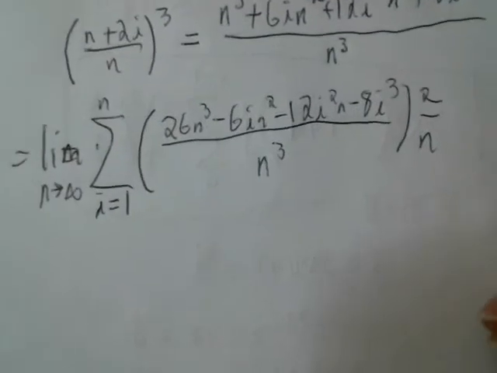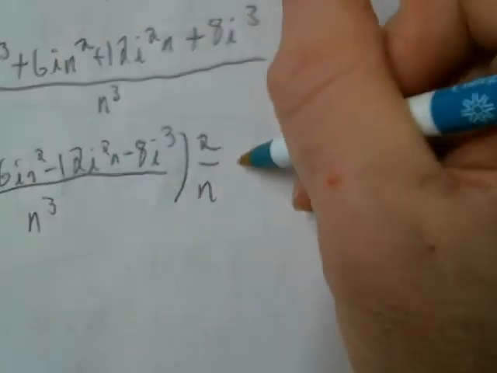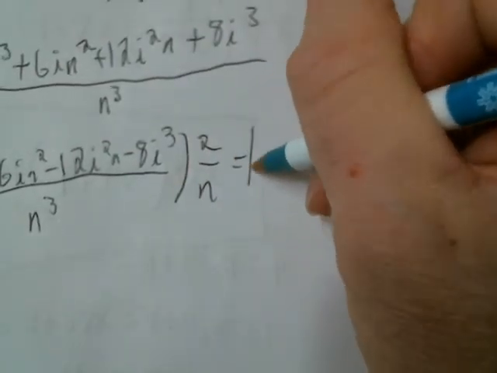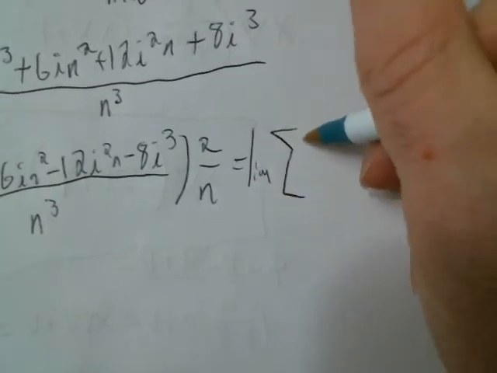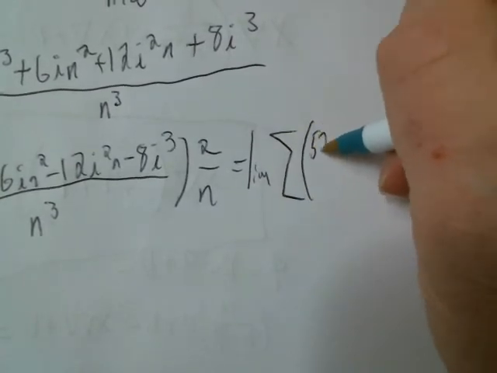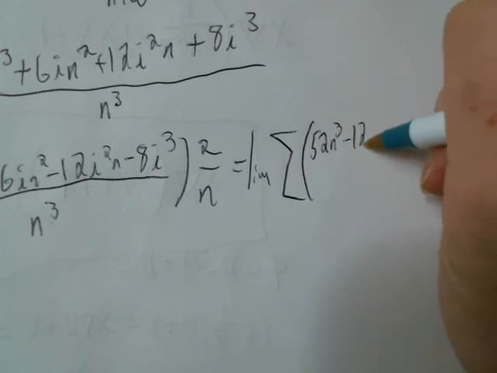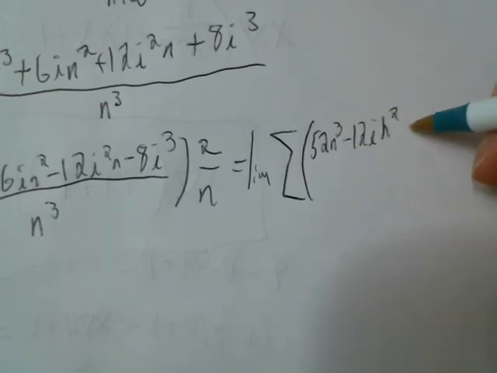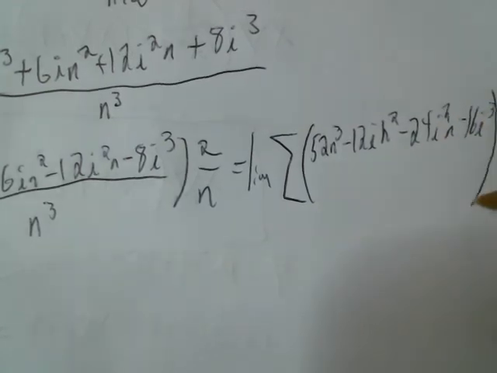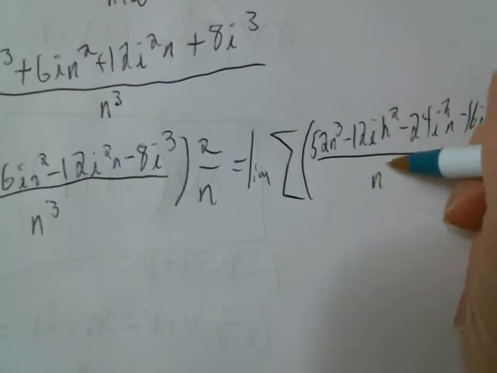So anyway, what am I getting when I distribute? I'll get the limit of the sum of 52n cubed minus 12i n squared minus 24i squared n minus 16i cubed, all over n to the fourth.